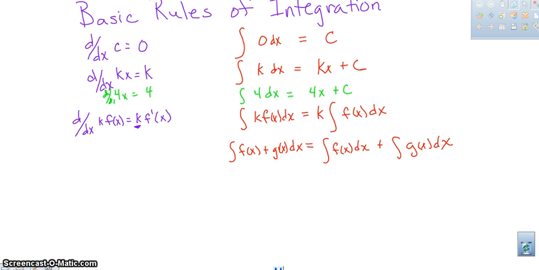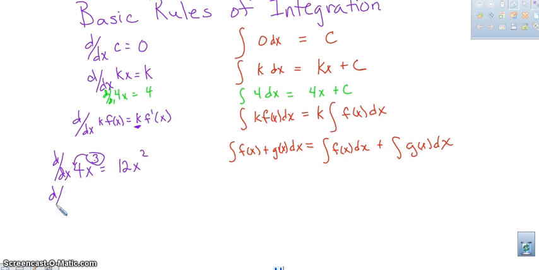Alright, for this next one, I'm going to go back to differentiation for a second. If you take the derivative of 4x cubed, you moved the 3 in front, right? So you had 3 times 4, so 12, and then you subtract 1, 3 minus 1 is 2.